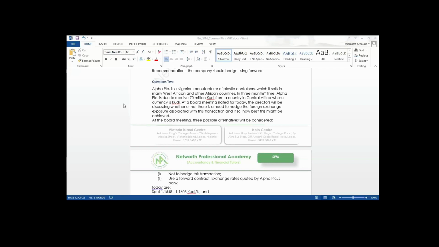Alpha PSC is based in Nigeria. Therefore, Naira is our domestic currency. This company is expecting inflows in kudi in 3 months' time. Therefore, kudi is the foreign currency. You must identify the domestic currency. You must identify the foreign currency.